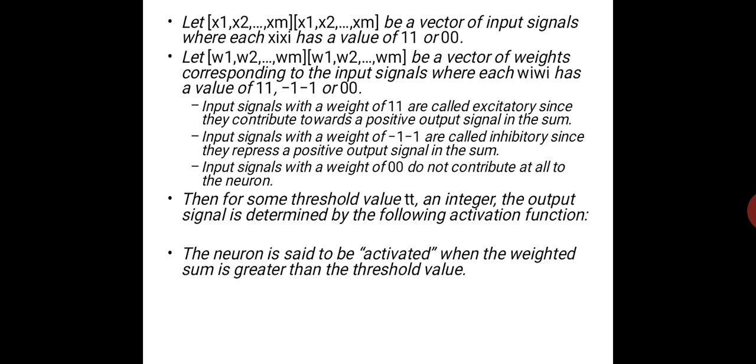Here x1, x2 and xm are the inputs, and the value of input is always binary, that means 0 or 1. And for the weights, we can take any value, positive or negative.